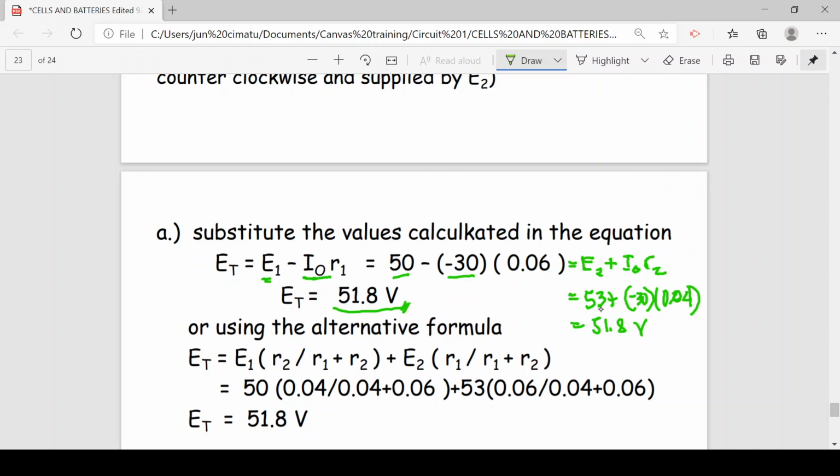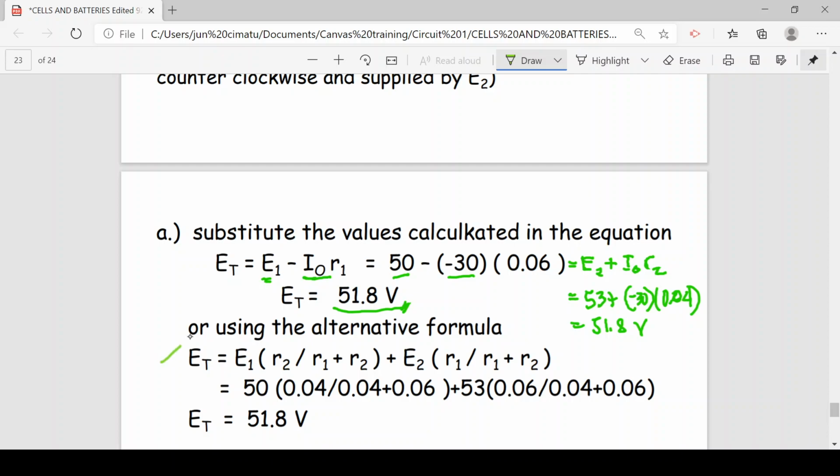There is a decrease of voltage in the circuit of E sub 2. E sub 2 gives off the 30 ampere, and so therefore the voltage at its terminal would decrease to 51.8. In this case, the circuits of E1 and E2 are now rationalized to a certain voltage, which is 51.8 volts.